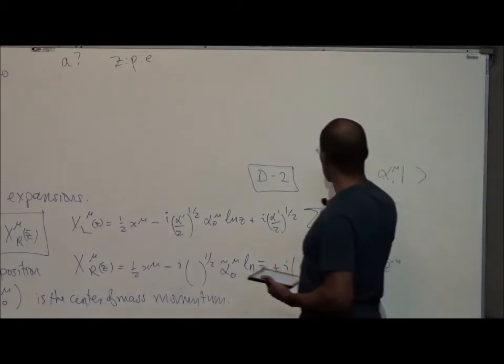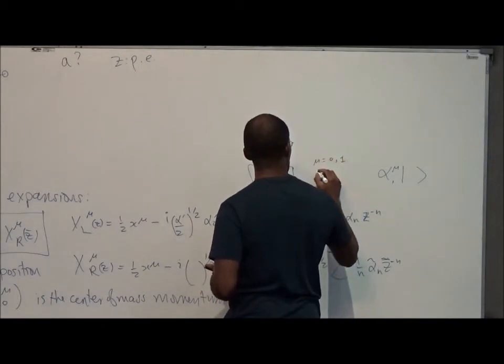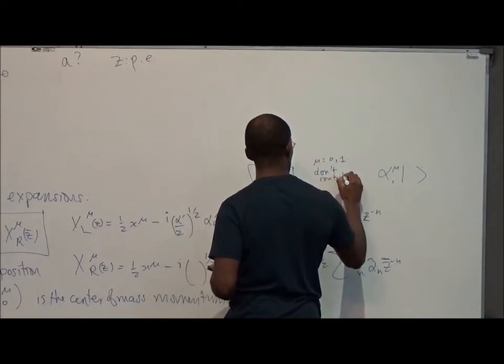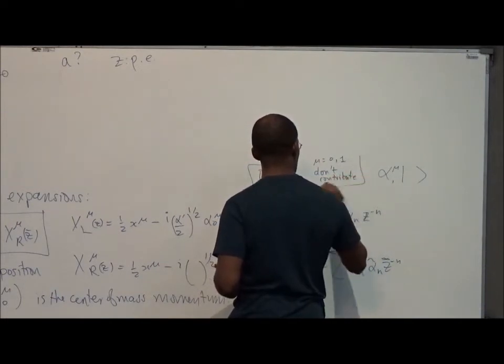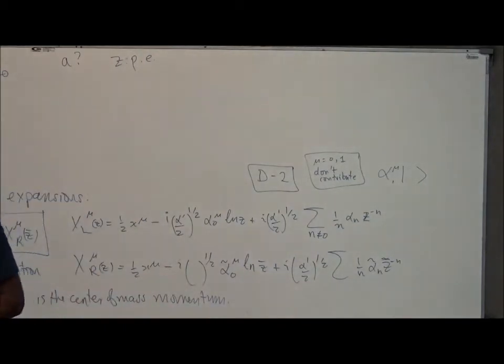And the choice usually is that mu equals 0 and 1 don't contribute. That's a choice, but it's a choice that removes, if you recall, the possibility of ghosts, space-time ghosts, from the spectrum, objects with negative probability, and so on and so forth.